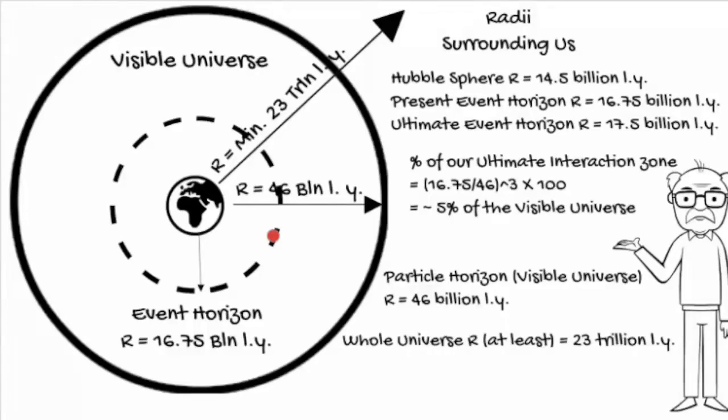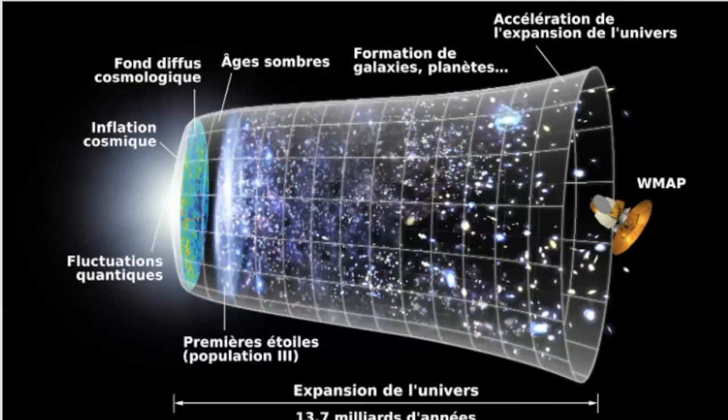If you see here, this is a timeline explaining how the universe started from a point which is very, very small. When we say small, it's not the size of a raindrop, it's not the size of an atom, it's not the size of an electron, it is much, much smaller even than one electron.